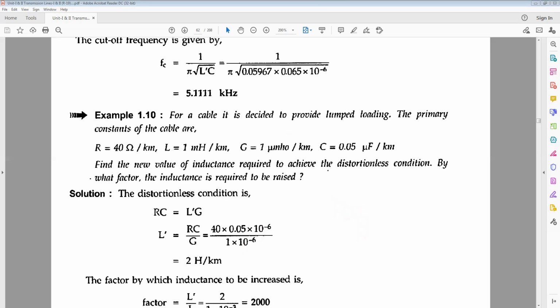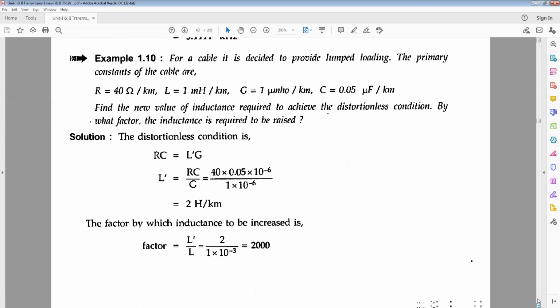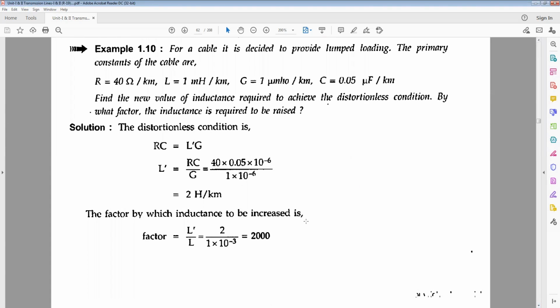So the factor by which the inductance is to be increased is L dash by L. What is L dash? We got 2, and L is given as 1 millihenry, that is 1 into 10 to the power of -3.